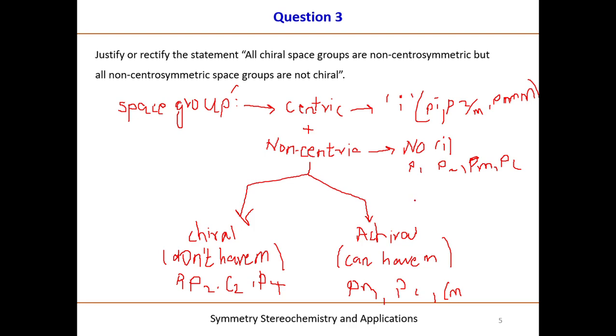So if a center of inversion is absent, that doesn't mean it is chiral, because it can contain a mirror plane, and then it becomes achiral. So not all non-centrosymmetric molecules are chiral, but all chiral molecules are non-centrosymmetric, because chiral is a subpart of non-centrosymmetric, while non-centrosymmetric is the parent of chiral and achiral molecules.